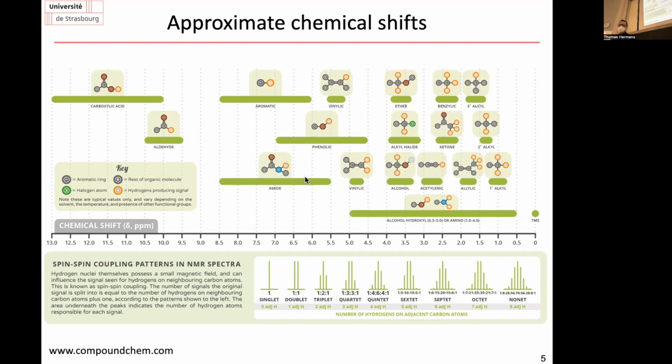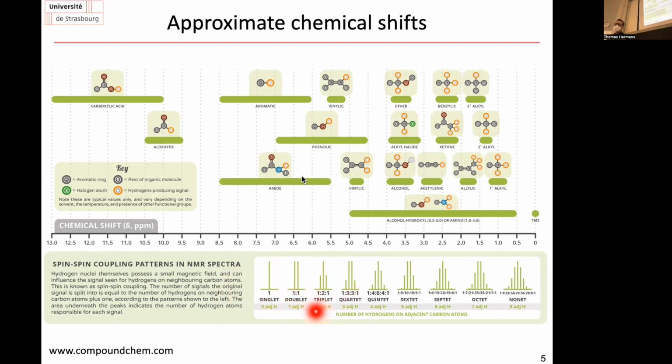Then, in addition, we also talked about spin-spin splitting, which depends on the number of neighbors. So the carbon next to it, how many hydrogens are on that carbon? If there are no neighbors, you get a singlet. If there's one neighbor, you get a doublet.